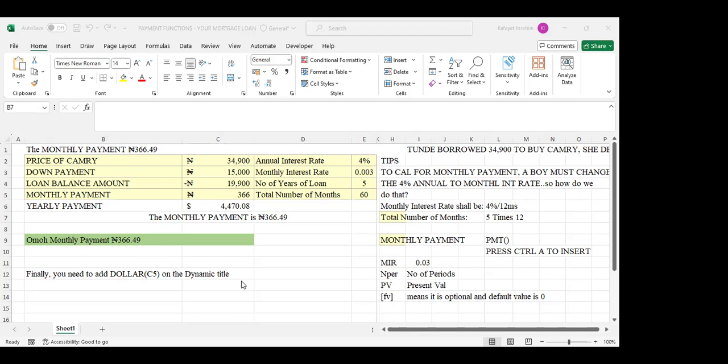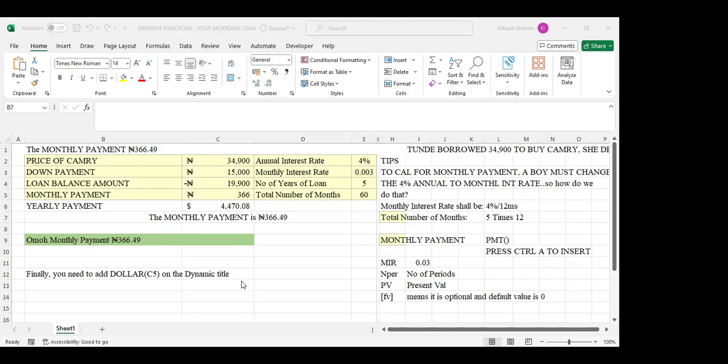So for example, we have 4 quarters in a year. On that duration part, what you put there is 4, and not 1 year. The number of periods there is going to be 4, not 1.